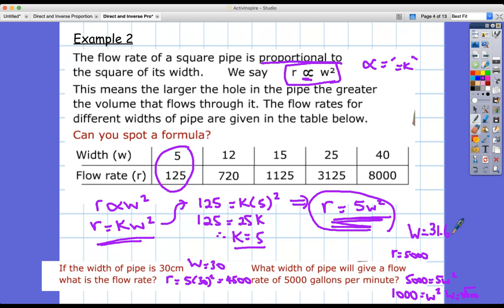And what are the units? Gallons, isn't it? Oh no, centimeters. It's the width, isn't it? 31.6 to 3 significant figures.